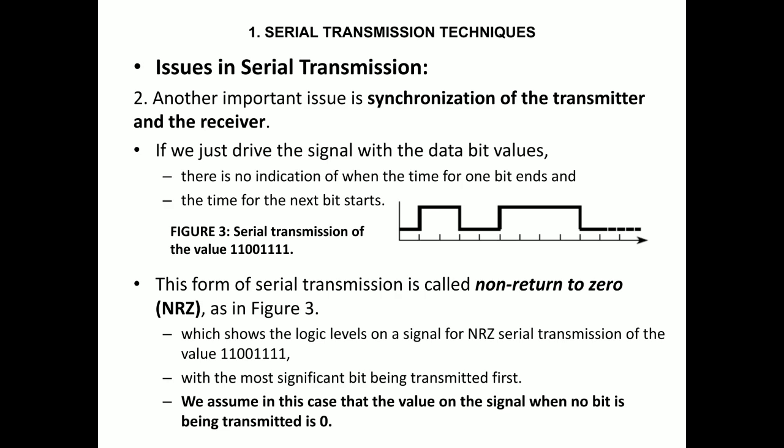In this NRZ format, the first bit to be transferred is the MSB. Also, when there is no data being transferred, the output value should be assumed as 0.